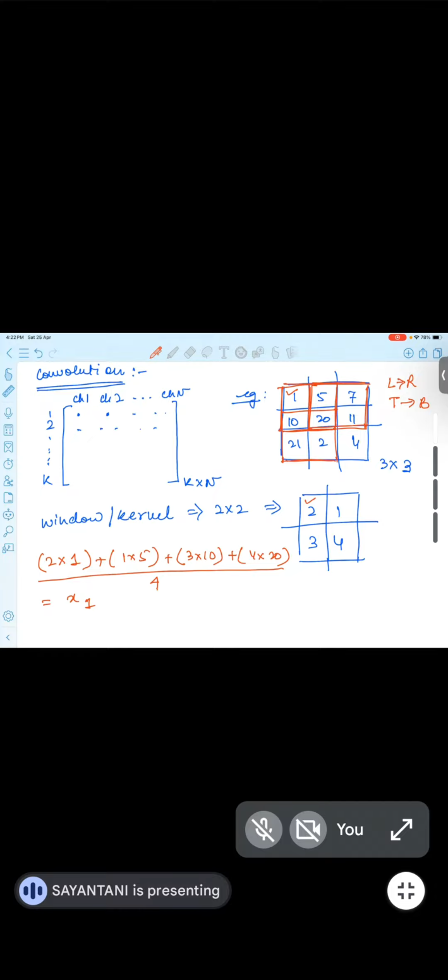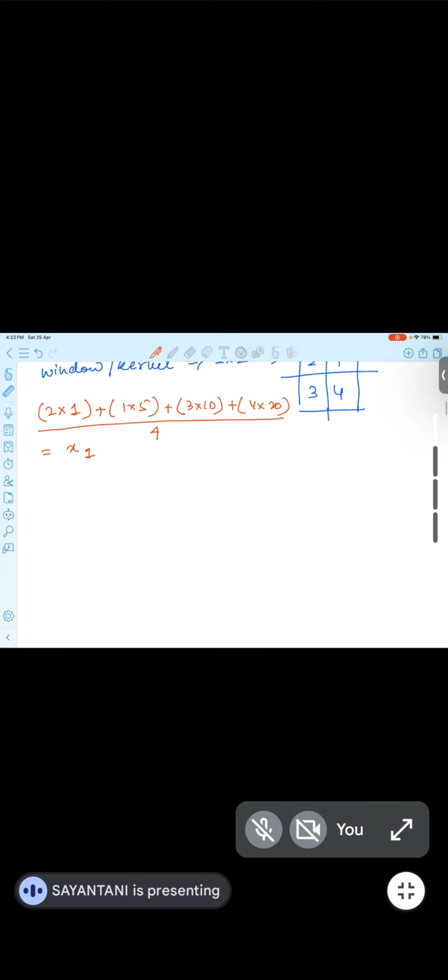Again perform the same convolution operation. Then again left to right. Okay, so you continue this process. So ultimately, if you continue this process, the output becomes a 2 cross 2 matrix with some values x1, x2, x3, and x4, which you get after calculation, right?